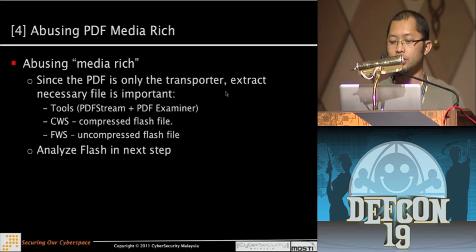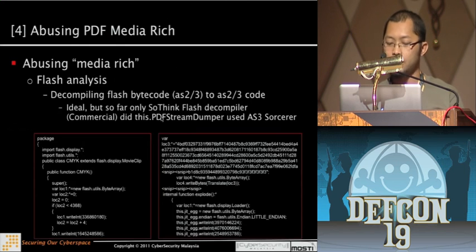Okay, so for tools you can normally use PDF Stream Dumper plus PDF Examiner for this one. And then of course you can do a Flash analysis later on to trace what really happens when you open the PDF. As we know, the PDF has an engine for Flash, right?